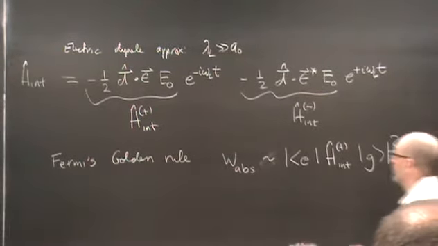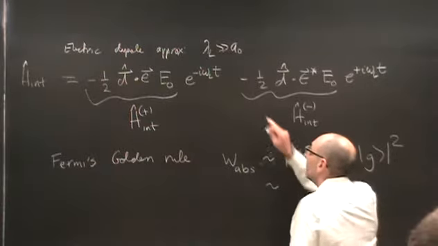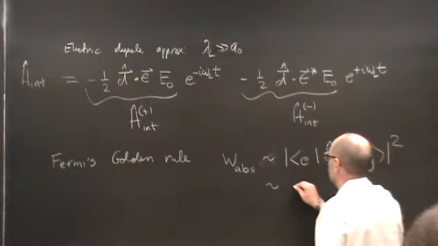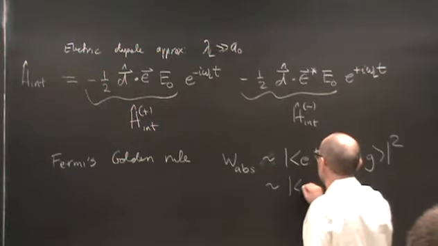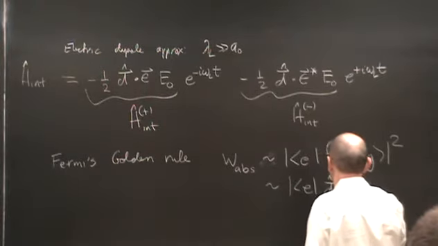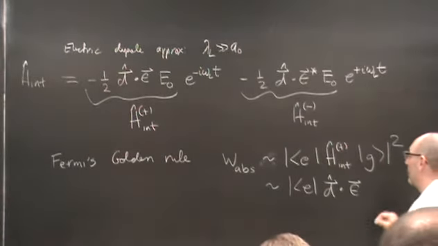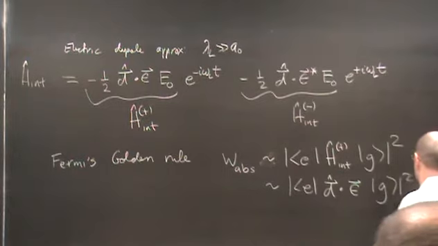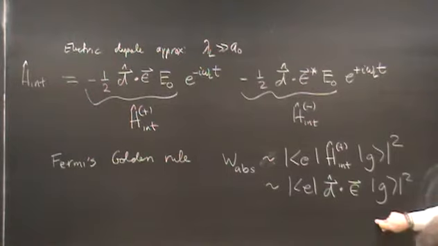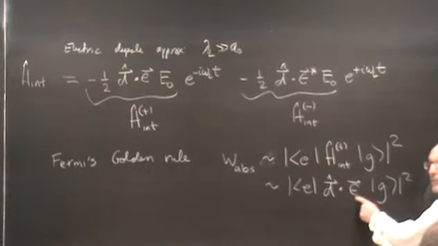So that is proportional to the matrix element of the dipole operator along the direction of the polarization squared, times electric field squared, which is intensity. So the rate of absorption depends on the magnitude squared of the dipole matrix element along the direction of the polarization.